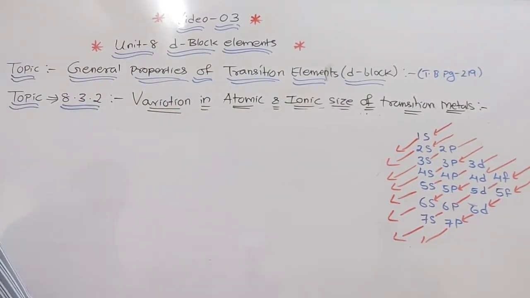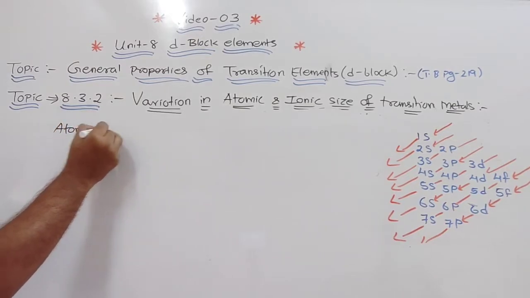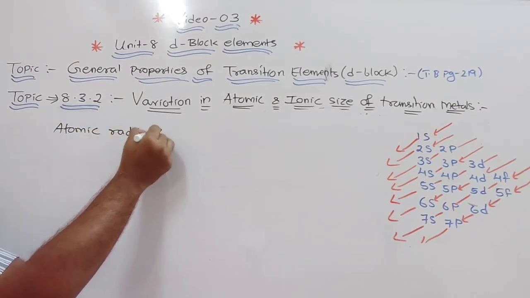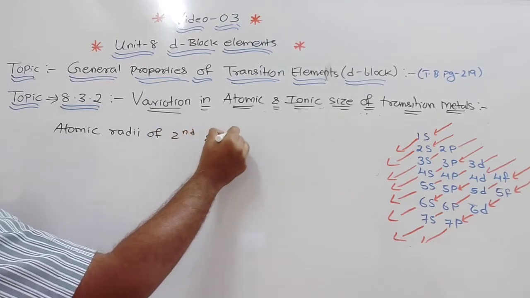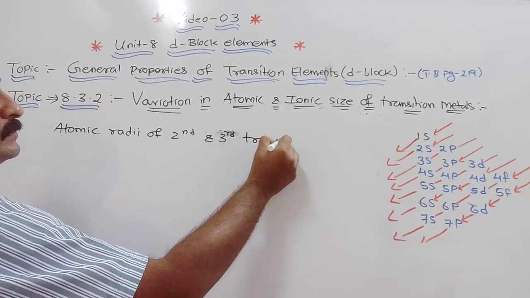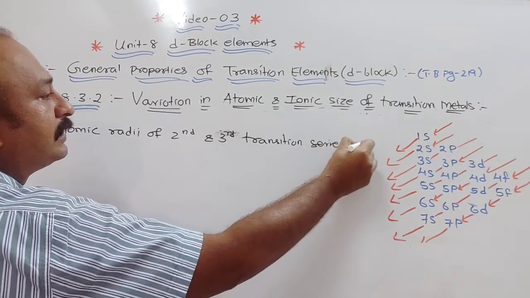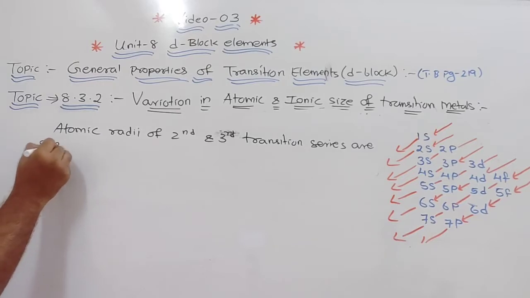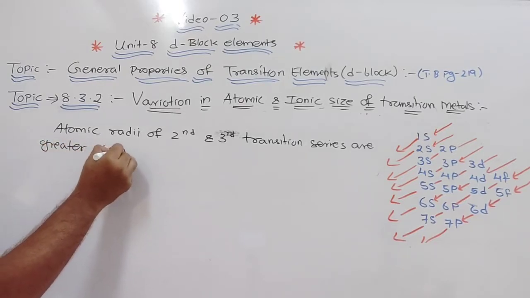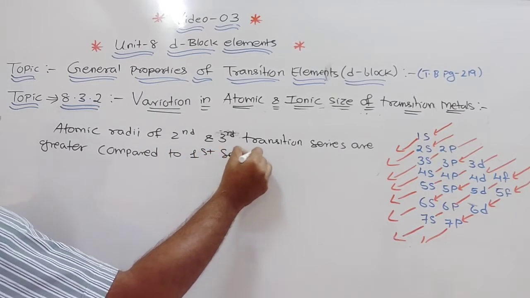You can see the atomic radii of the second and third transition series are greater compared to the first transition series. Clear?